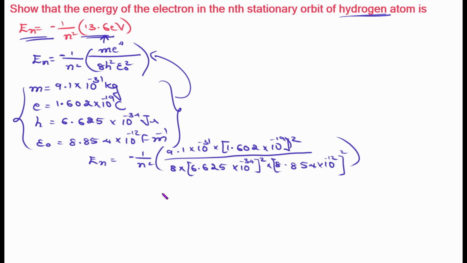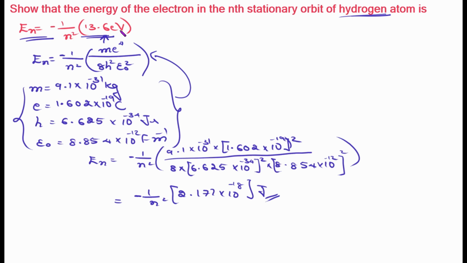I have just substituted. If you solve this, you will get minus 1 divided by n square into 2.177 into 10 to the power of minus 18 in terms of joules.